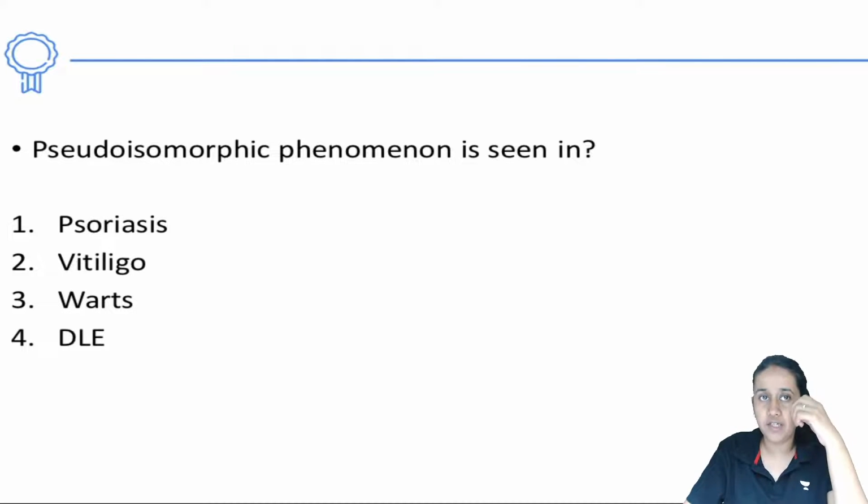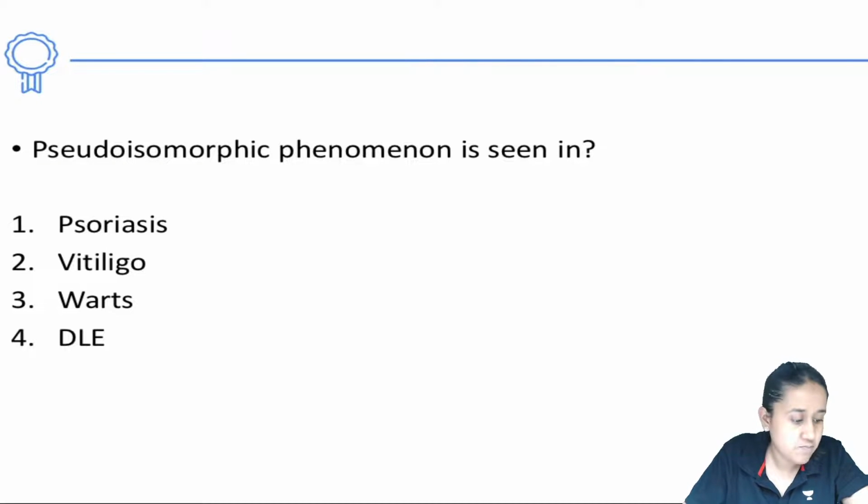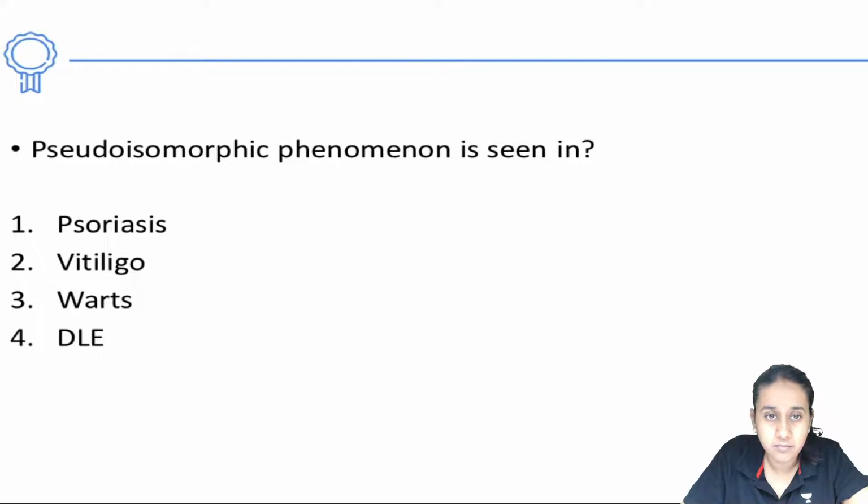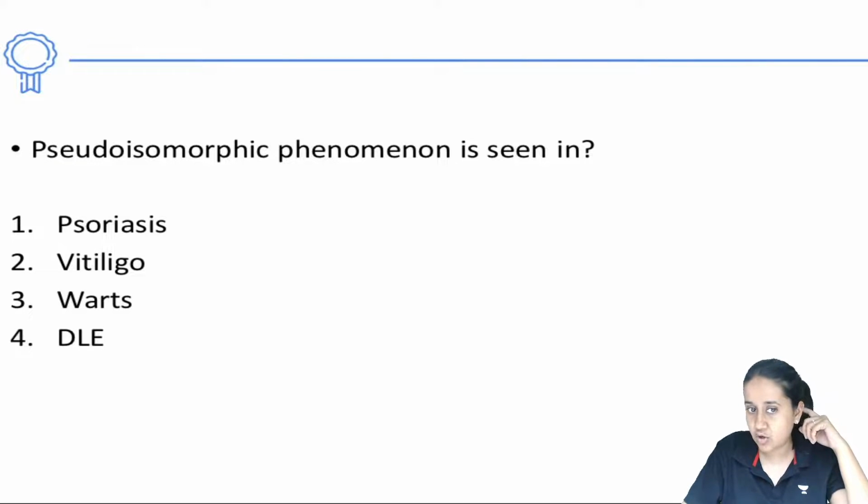Next question is on your computer screen. Pseudo-isomorphic phenomenon is seen in psoriasis, vitiligo, wart or DLE.